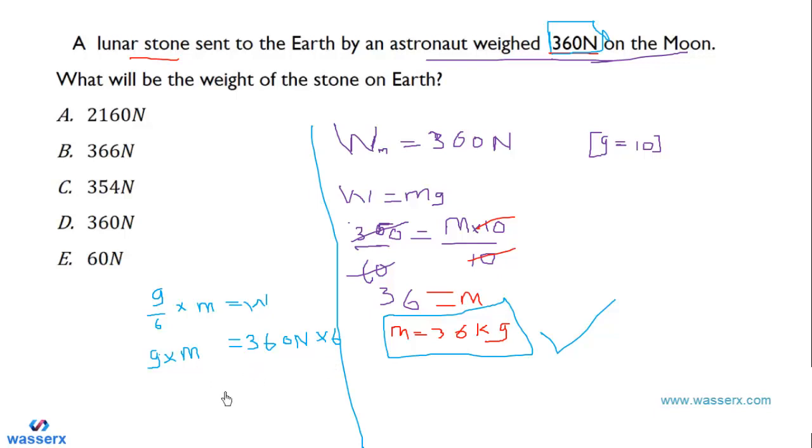Evaluating this, 6 times 360 gives us 2160 newtons. But we know that gravity times the mass gives us the weight of the object on Earth. So the weight on Earth is 2160 newtons. Hence the correct answer is option A.